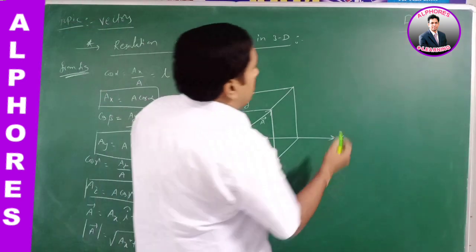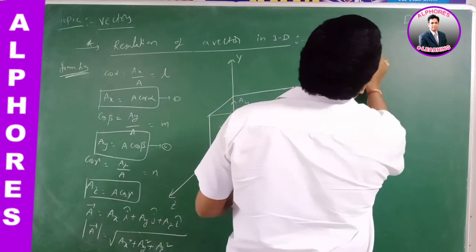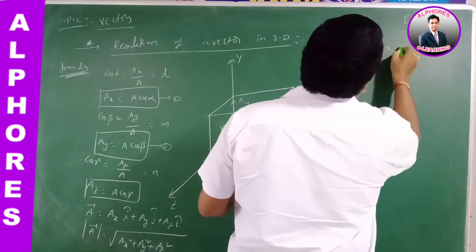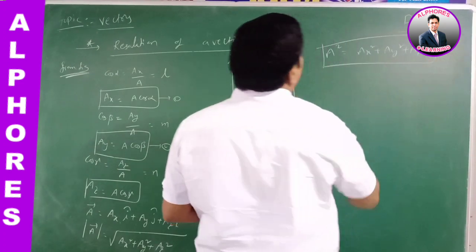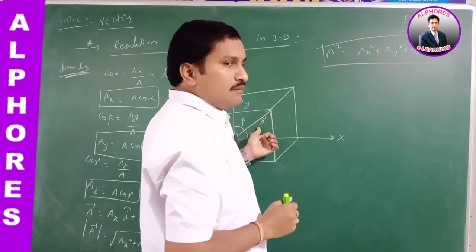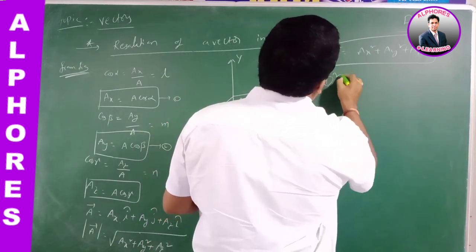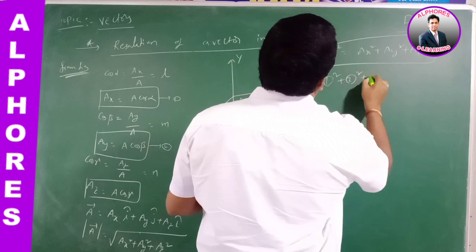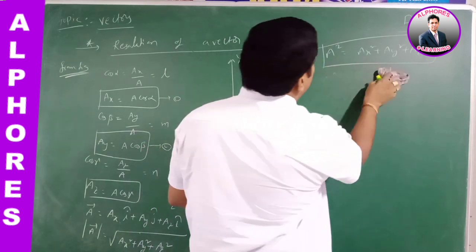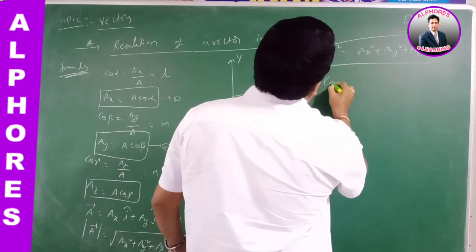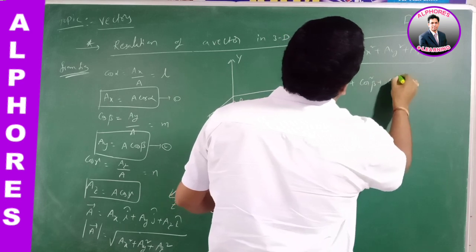Now, squaring on both sides, what will you get here? ax square plus ay square plus az square. So this is the square of the magnitude of the given vector a bar. Now what about the value of l square plus m square plus n square, which can also be written as cos square alpha plus cos square beta plus cos square gamma?